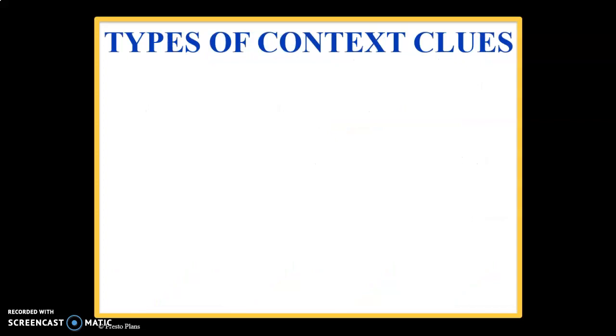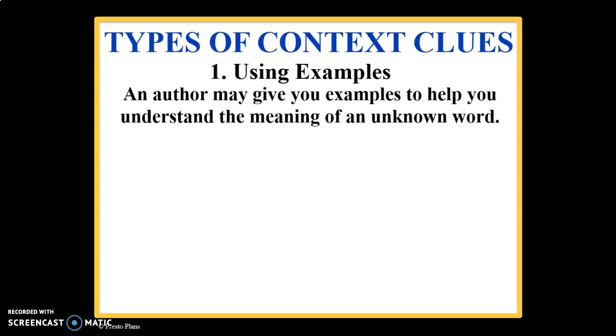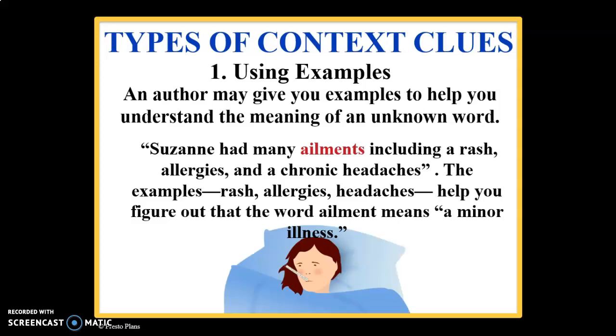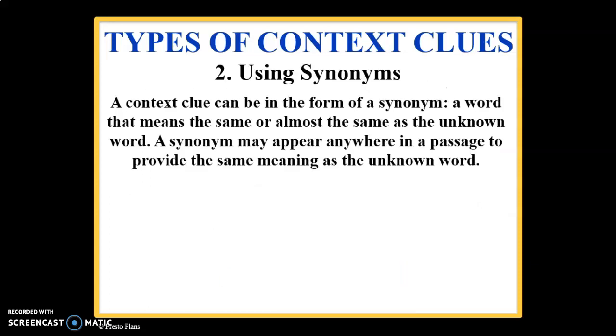When I'm going to be grading your vocabulary test, or the vocabulary assignment you're doing in lieu of a test, or I should say a quiz, there are four types of ways I'm going to be looking for you to use context clues. You can use examples. So you would be the author. And when you're using an example, you are giving examples of what the word means in your sentence, just like this. You could use a synonym.